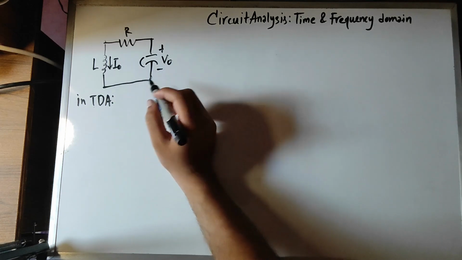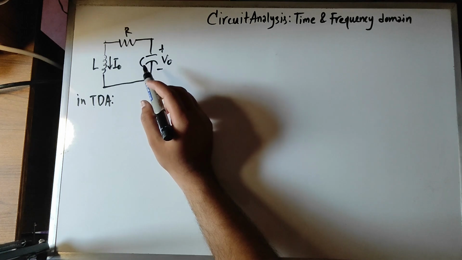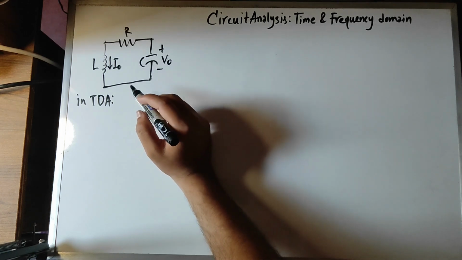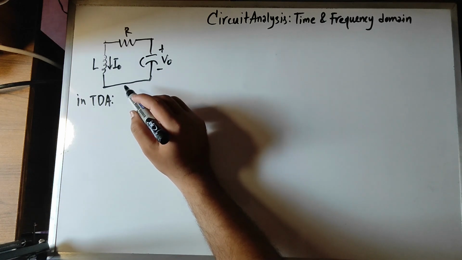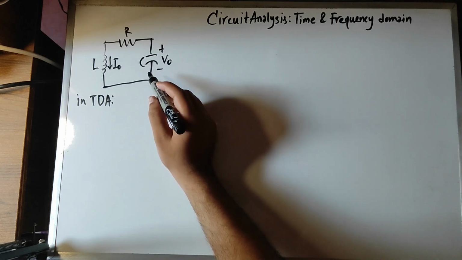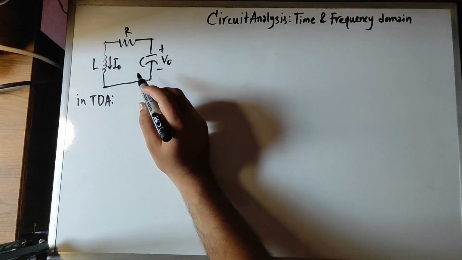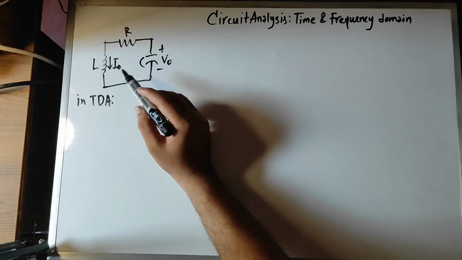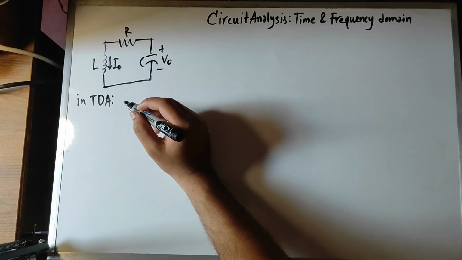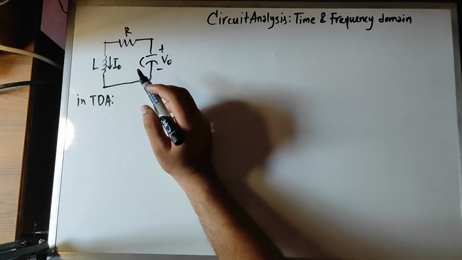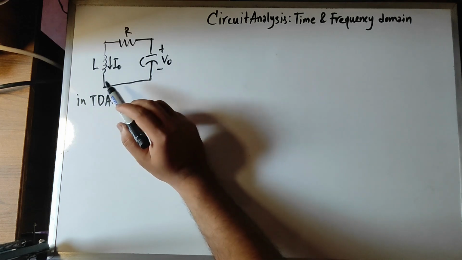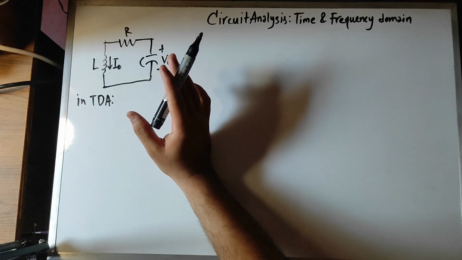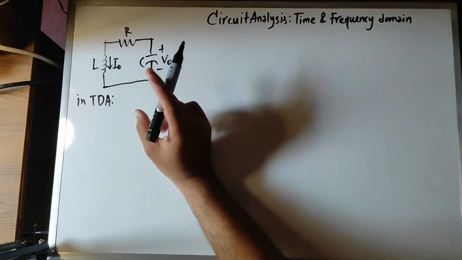R, L, and C are linear components given certain conditions, and LTI systems abide by the superposition principle. That's why we can apply KVL and KCL very easily. In the time domain, an LTI system generates a linear differential equation with constant coefficients, and because there are two dynamic elements, L and C, it will generate a linear differential equation with constant coefficients of second order.